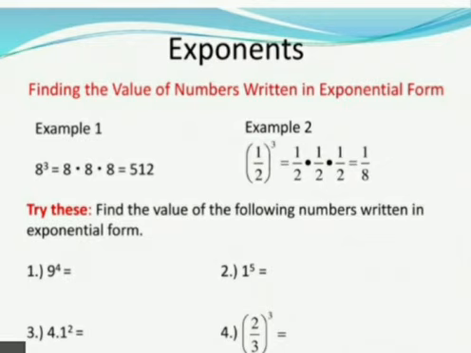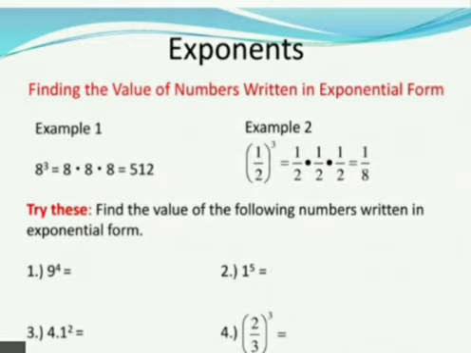Exponents. Finding the value of numbers written in exponential form. Explain 1. 8 exponent 3 is equal to 8 multiplication 8 multiplication 8 is equal to 520. And explain 2, brackets.